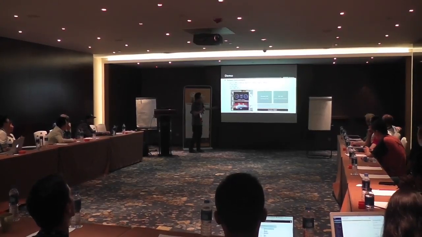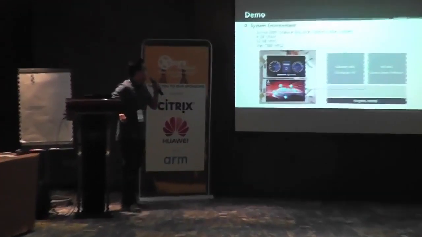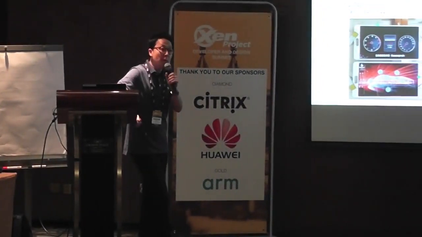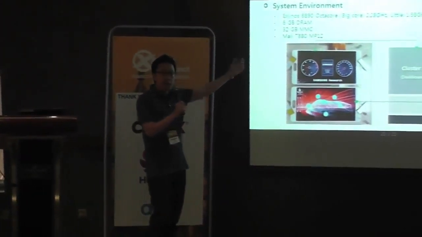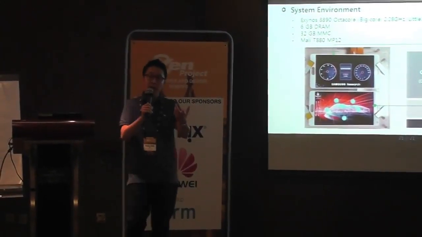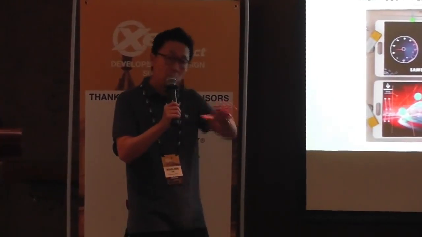Now I'm going to give you a short demonstration. Actually, we are based on the automotive platform. On top of the 8090 platform, we developed and optimized the Xen hypervisor. Then on top of this optimized hypervisor, we ran 2 operating systems.